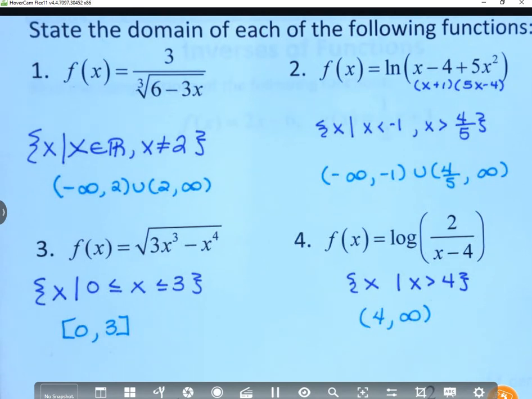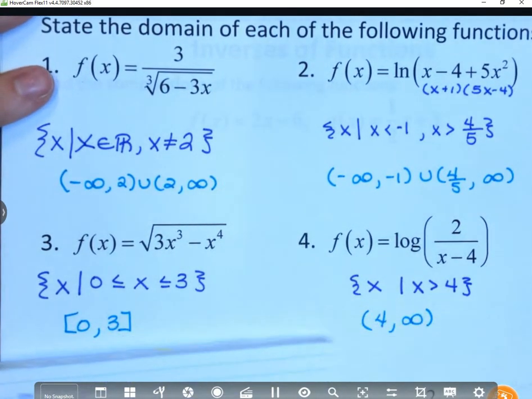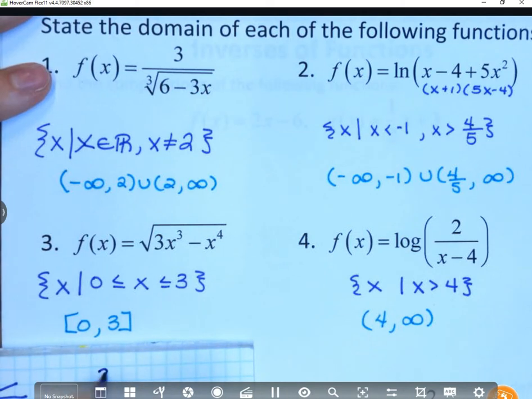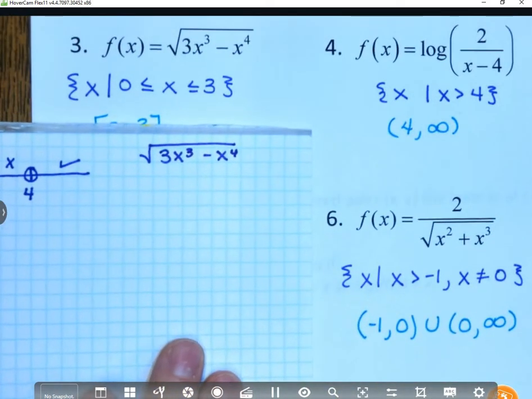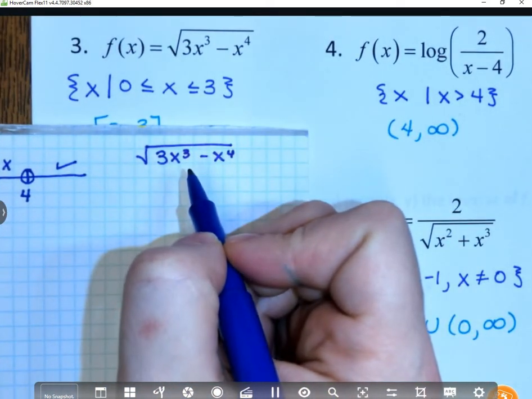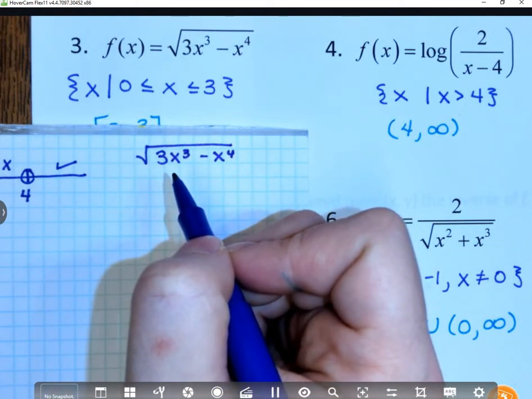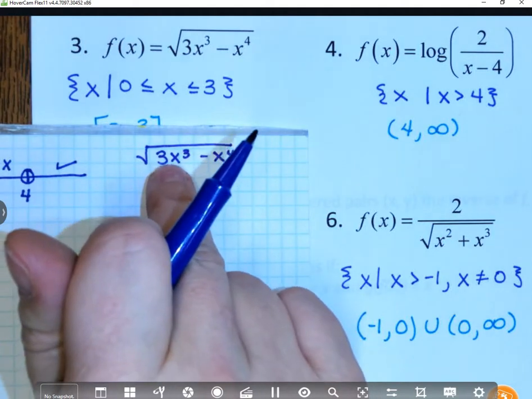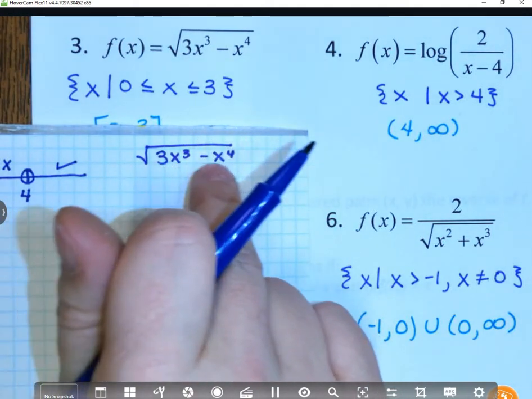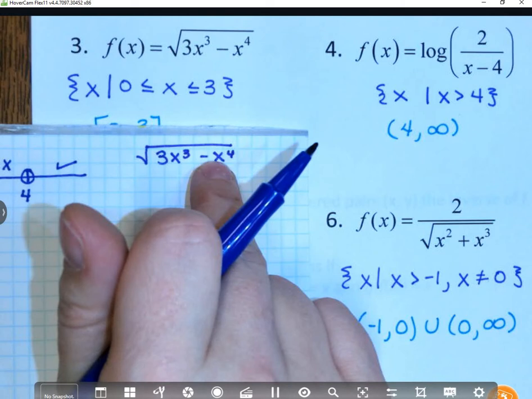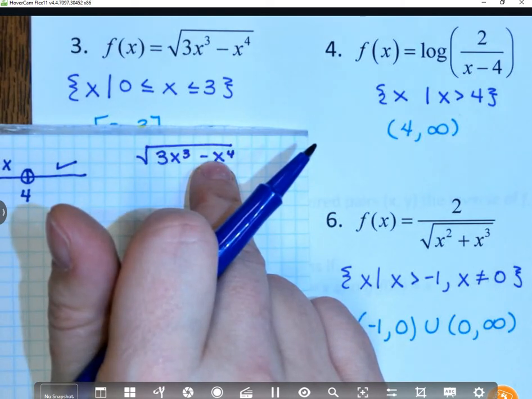For number 3, we start off with that square root of 3x cubed minus x to the 4th. So what's the general rule for that one? What are my restrictions here? Yeah, all of that stuff has to be greater than or equal to 0.